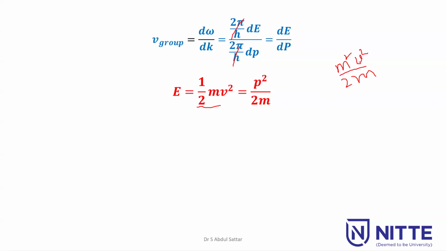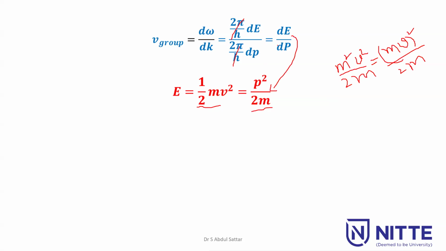So m square v square means mv whole square. We know mv is nothing but momentum, so we can replace mv with momentum. So we can write the kinetic energy equal to p square by 2m. So E is the value of p square by 2m.